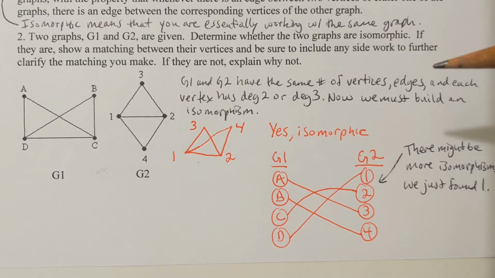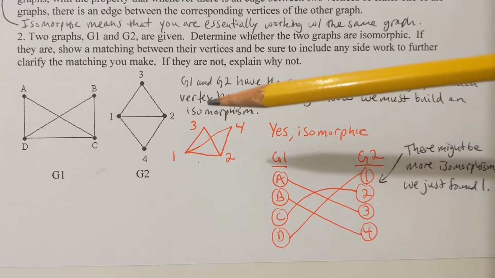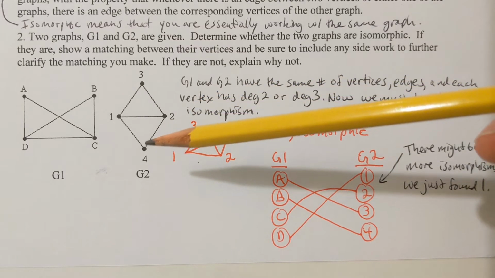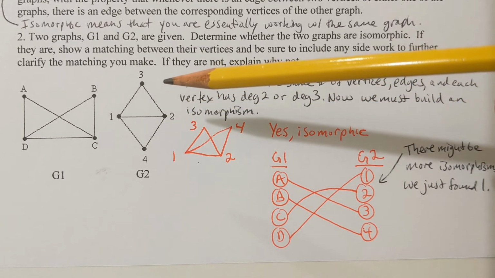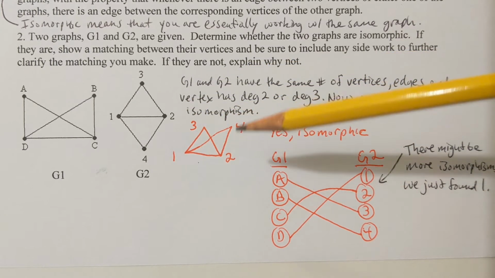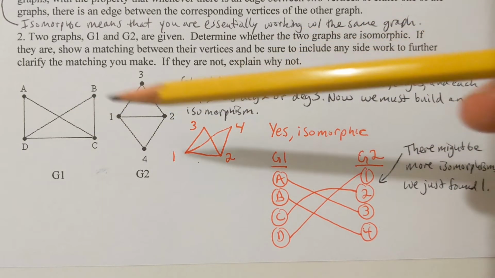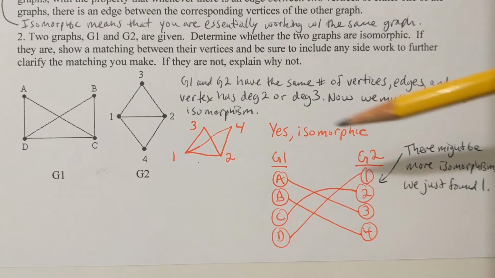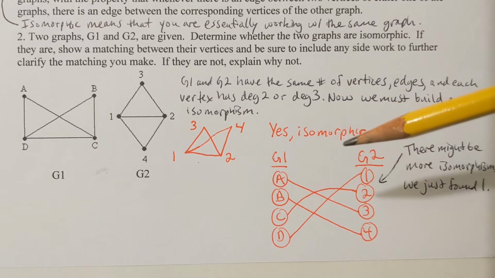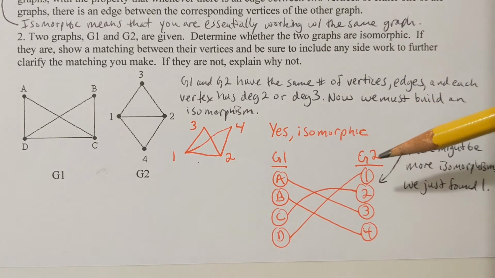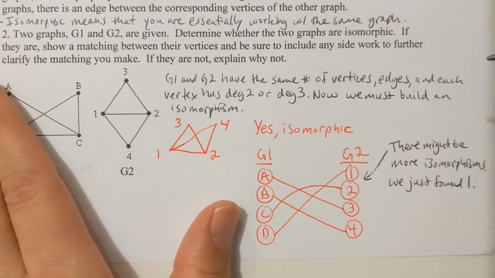So we must now build an isomorphism. Well, if you take G2 and pull vertex 4 up, then here would be the new graph. Now notice how this graph looks very much like the original graph. So these two graphs are going to be isomorphic, and here's a matching that I've made.